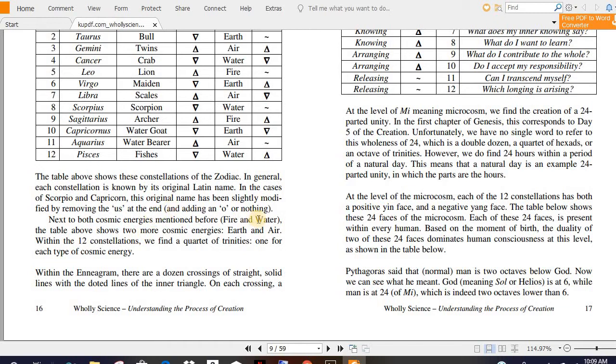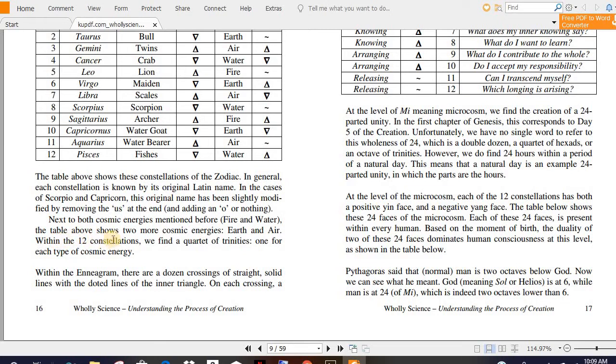The table above shows these constellations of the zodiac in general. Each constellation is known by its original Latin name. In the cases of Scorpio and Capricorn, the original name has been slightly modified by removing the us at the end and adding an o or nothing next to both cosmic energies mentioned before, fire and water.